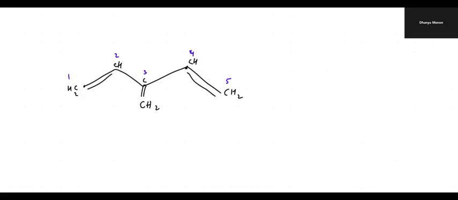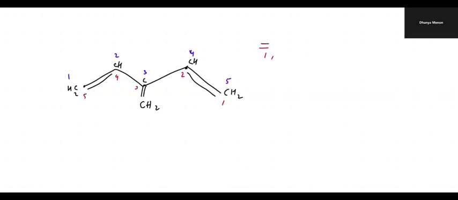And if I number from the other end, 1, 2, 3, 4, 5. In both of them, I'm getting a 5 carbon long chain, and from either side the double bond is in the first position and in the fourth position.